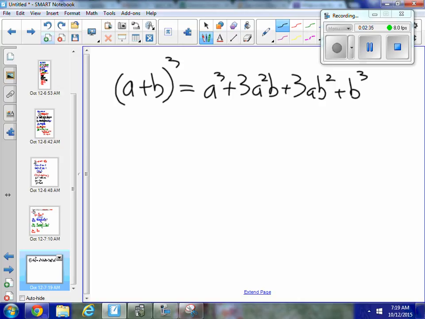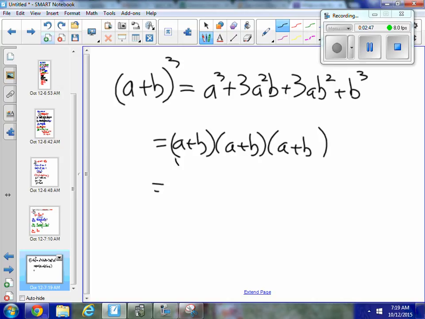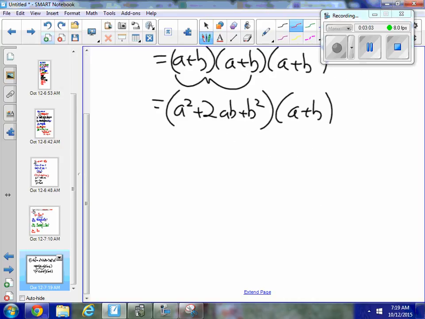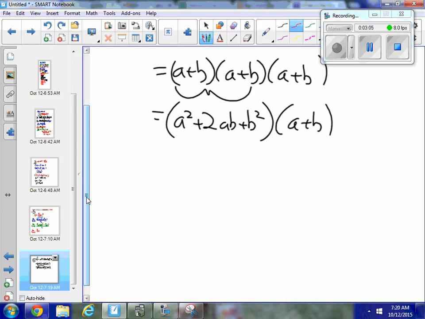But you could also just say this is equal to a plus b times a plus b times a plus b. So it's equal to, I'll use these two here first, a squared plus 2ab plus b squared, times a plus b. And then just continuing to FOIL this out, I'm going to have a cubed.